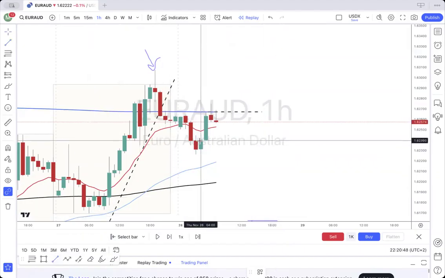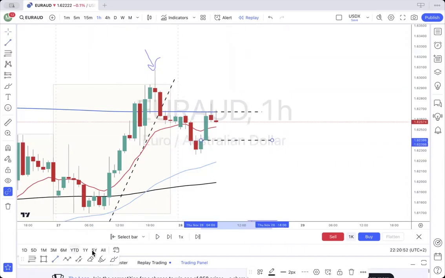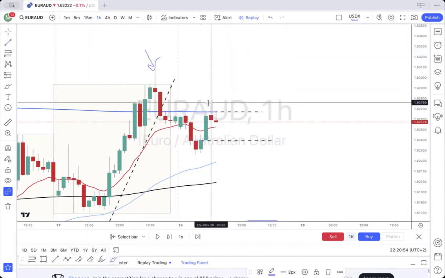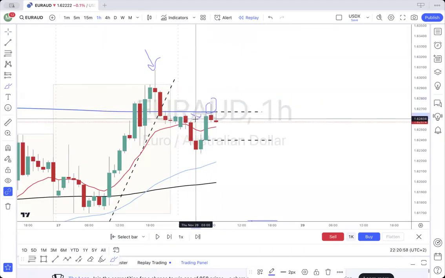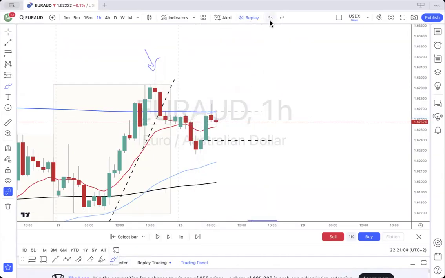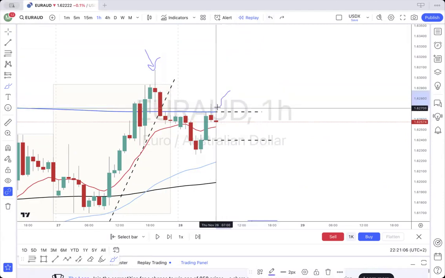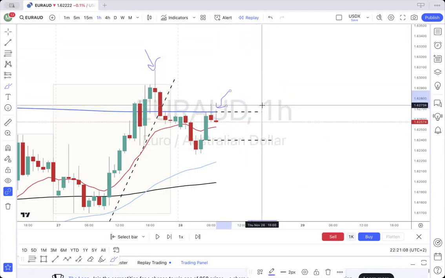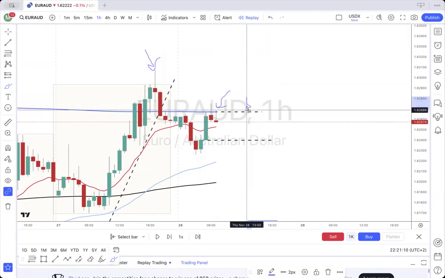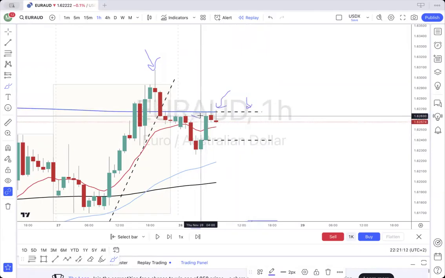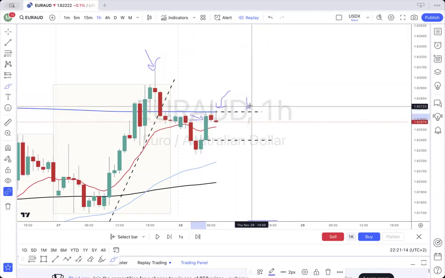You've got the low of the candle. You've got this candle that swept the high of this candle. So what do I wait for? I wait for the third candle to come back and interact with the high of the first candle. Then from there, I take my sell. Okay.